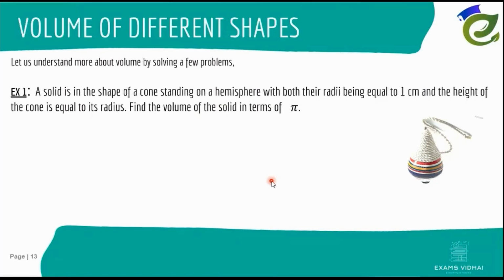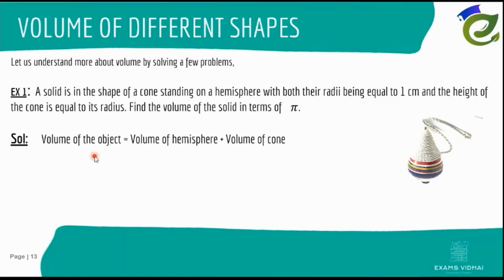We know that the volume of a hemisphere is 2 by 3 pi r cube and the volume of a cone is 1 by 3 pi r square h.